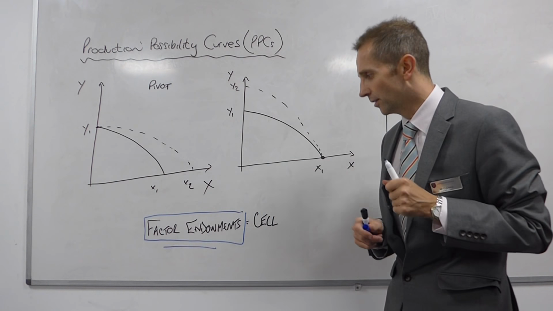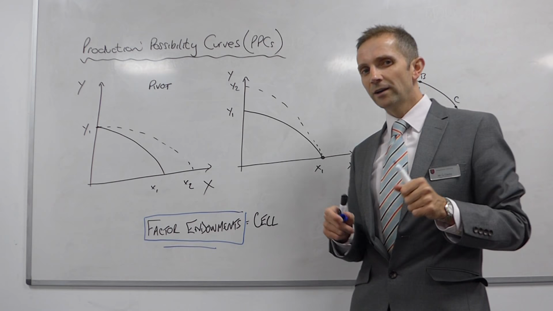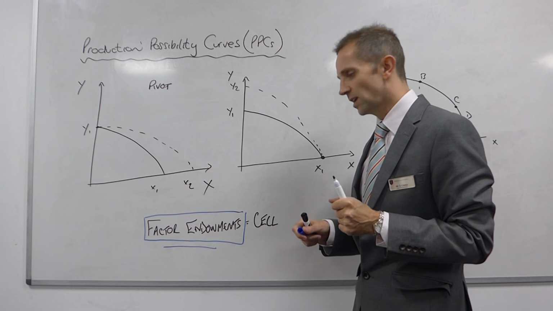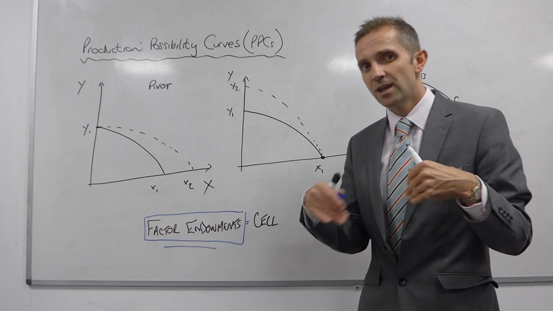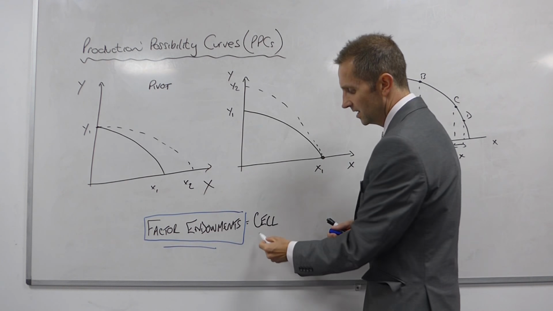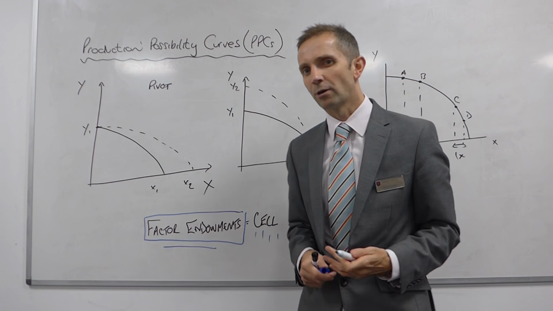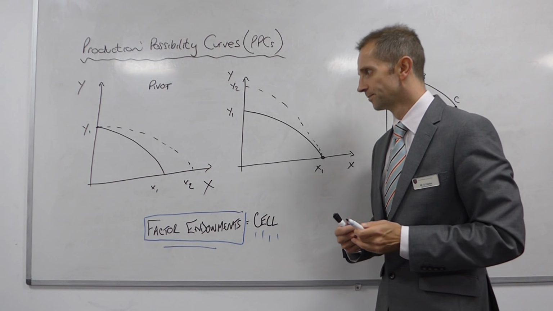It determines the position of it. So very important to remember, another way of expressing where the PPC lies, you can say it is dependent upon the factor endowments of a country, because that's just the same as saying it depends upon the capital, the enterprise, the land and the labour. Anyway, I digress. Let's get back to the diagrams.